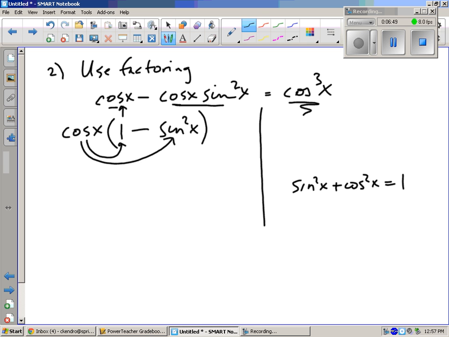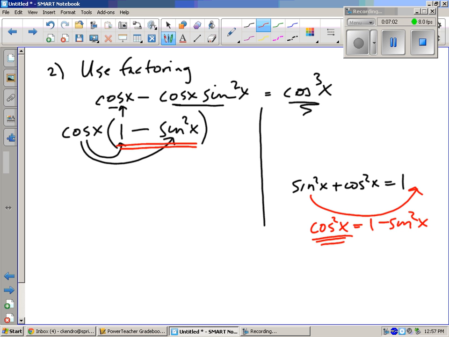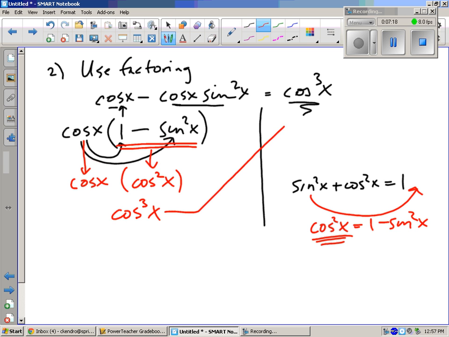Well, I have 1 minus sine squared right here. If I bring this sine squared over here by subtracting, guess what I get? 1 minus sine squared equal to cosine squared. So I'm allowed to substitute cosine squared in for 1 minus sine squared. And lo and behold, this cosine x times this cosine squared is cosine to the third. And that's what we were trying to find. And we found it.